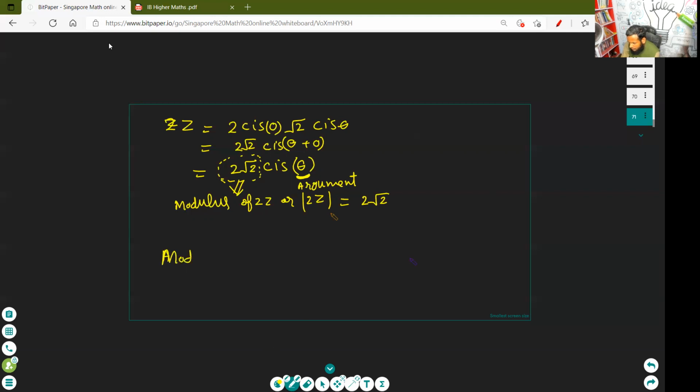Modulus formulas. The modulus of ZW is equal to the modulus of Z times the modulus of W. Clear?